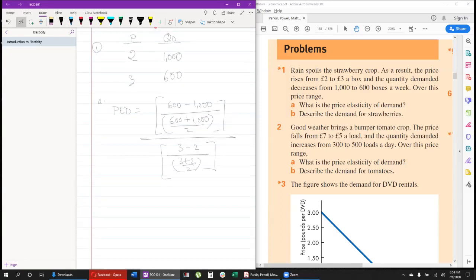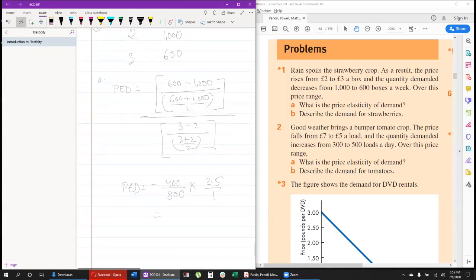And so what we get is minus 400 by 800 multiplied by 5 divided by 1. This is PED, which effectively gives us 1.25.